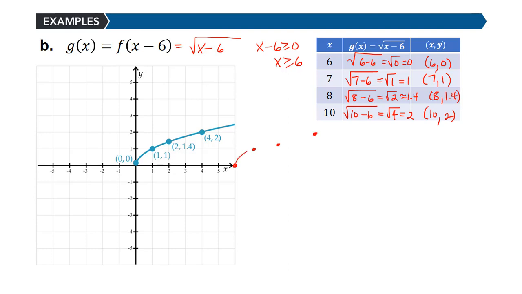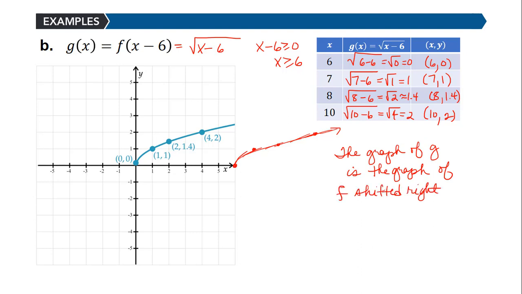And so here we see that we have the same shape to our graph, it just shifted right by 6 units. So the graph of g is the graph of f shifted right 6 units. And again, that coincides with what we saw earlier.